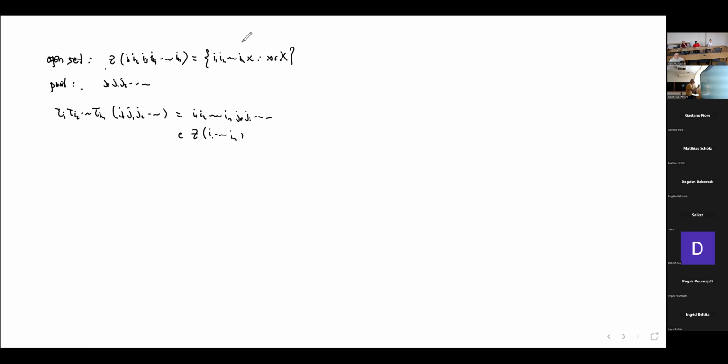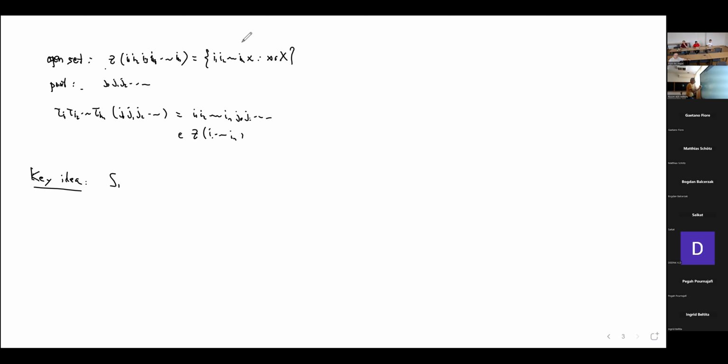Okay, so I want to mention now what I think is the key idea behind Kuntz's theorem. So I'll just express it this way.